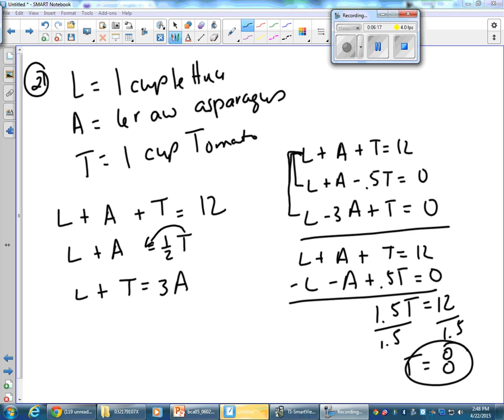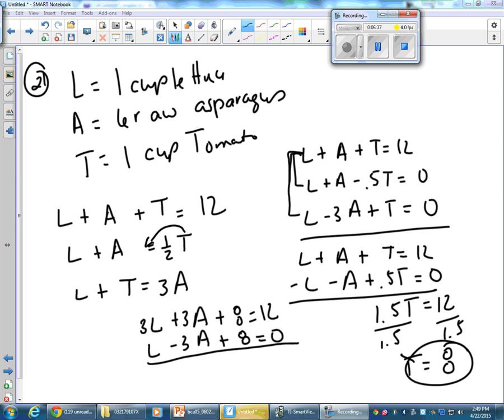So 3 times the top line would be 3L plus 3A plus T, which I already know is 8. Then the bottom line I'm going to leave just like it was, except instead of T, I'm going to put 8. Add these two lines together.